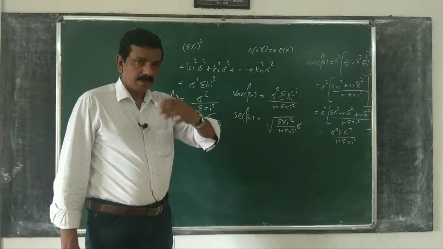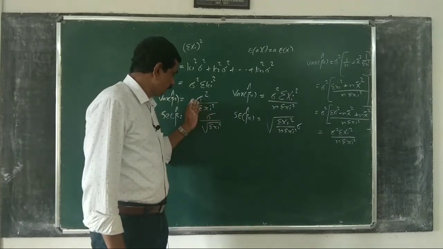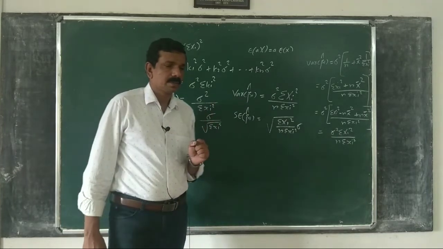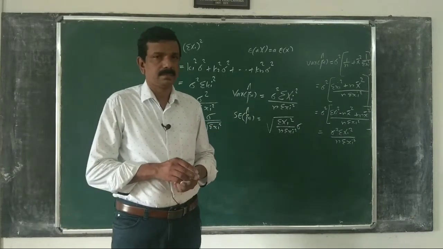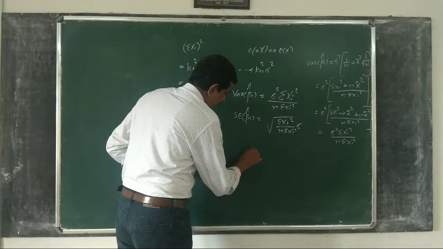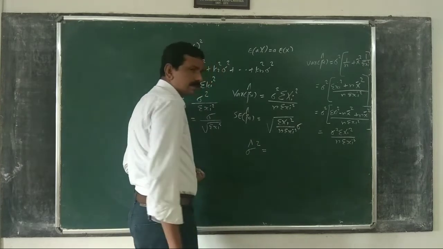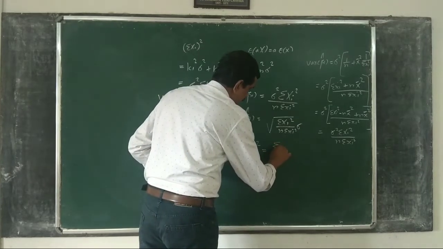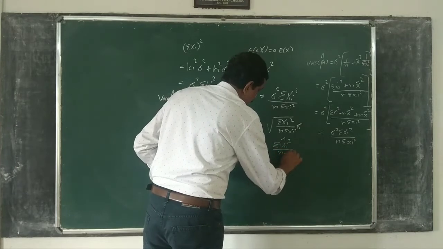So what we do in practice is we replace sigma square with its unbiased estimator. Sigma square is replaced with its unbiased estimator sigma hat square, equal to sigma u hat i square by n minus 2.